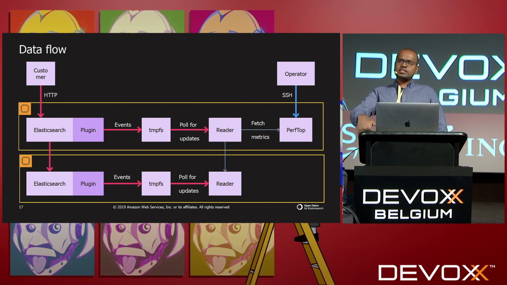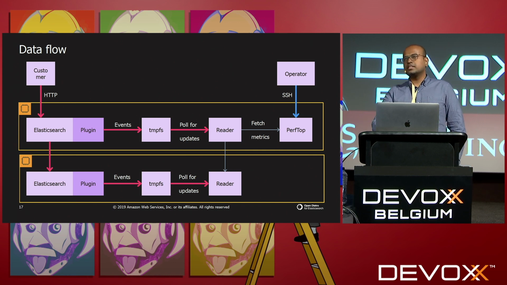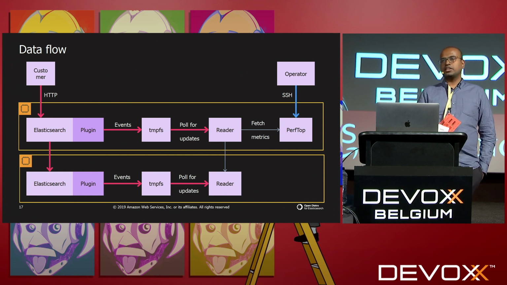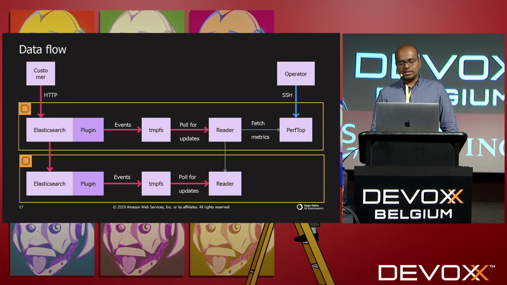And this is from the other side. An operator logs in. They SSH into the cluster. They can SSH into their own host, which has PerfTop running and can secure. It's in the network fabric of the Elasticsearch cluster, so it can fetch metrics through the reader API.